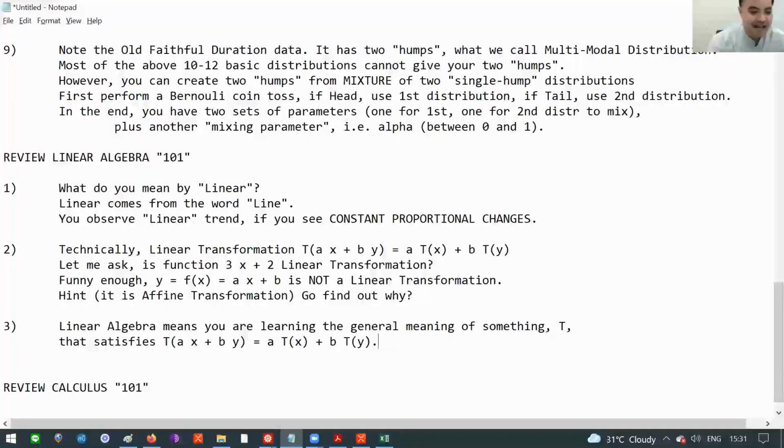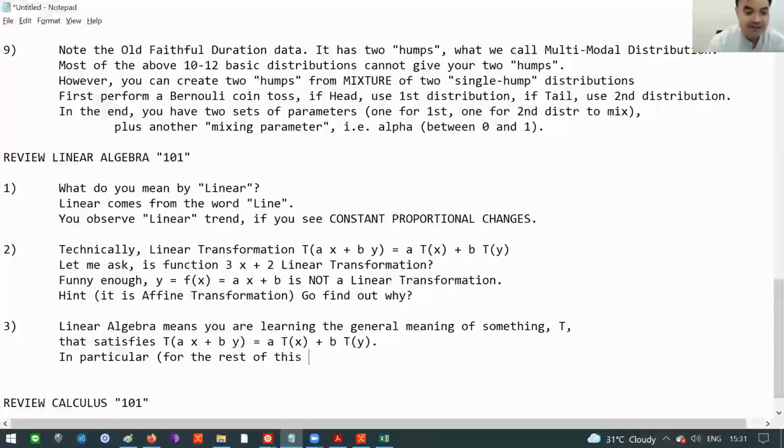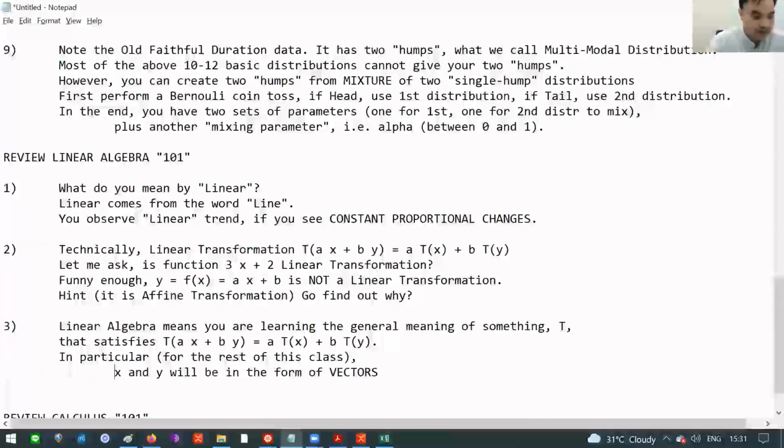Okay. Now, in particular, for the rest of this class, X and Y will be in the form of vectors. Okay, in this class, A and B will be in the form of scalars.